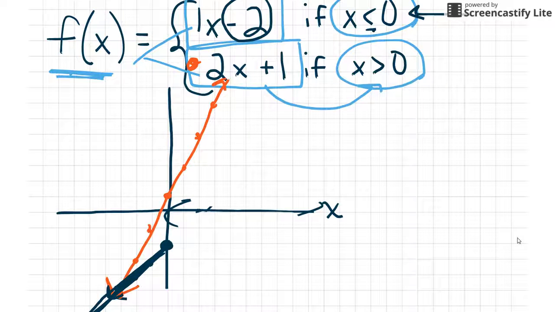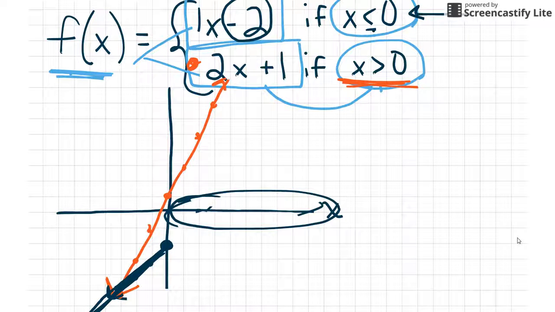Okay, so now I go to the orange line, and it says for the orange line, it's only good if x is greater than 0. So greater than 0 means that, again, for the domain, all of these would count as yeses. So meaning I keep that part. So if it's at the 1, if it's at the 2, if it's at the 3, I can see over 1 up.